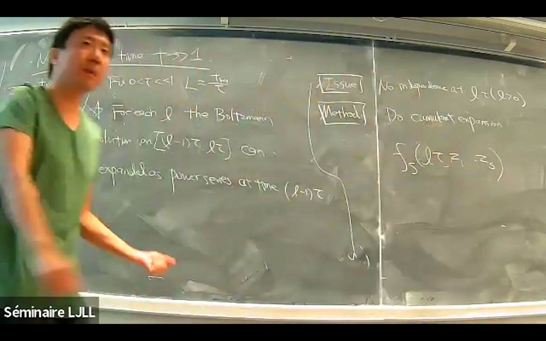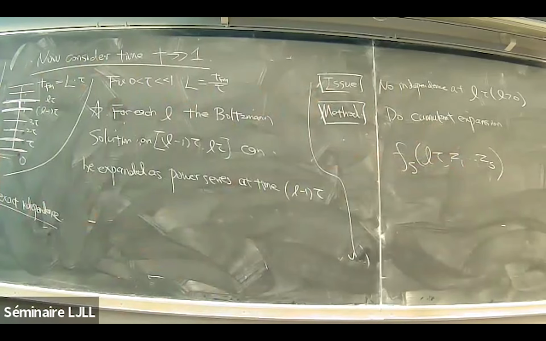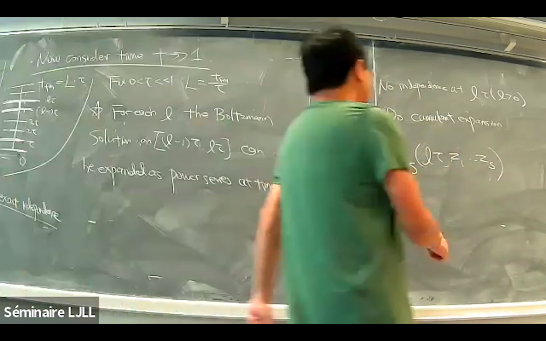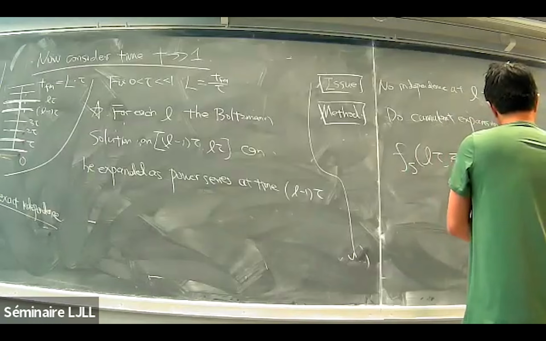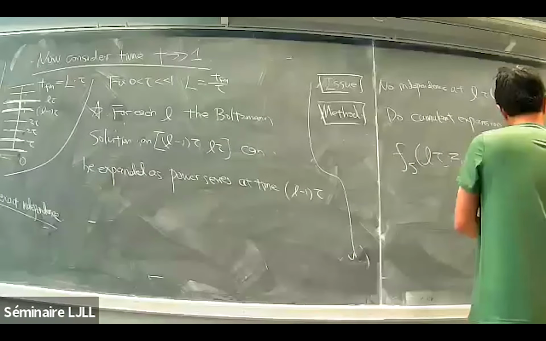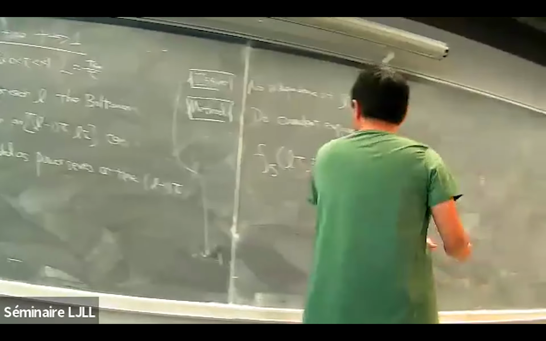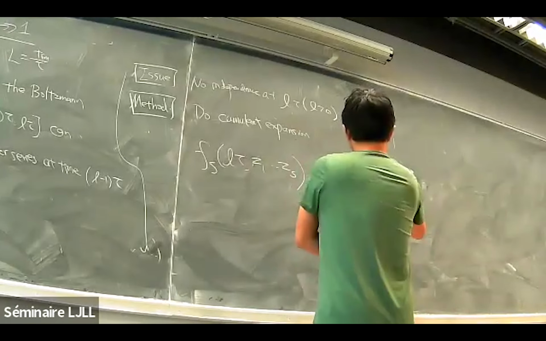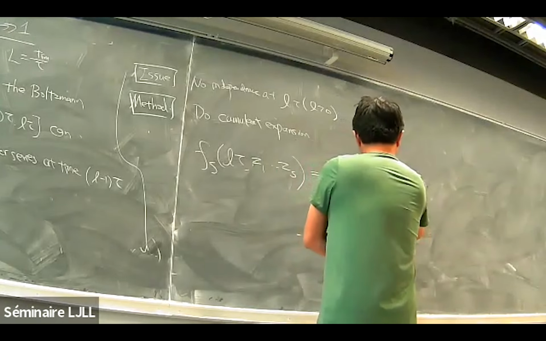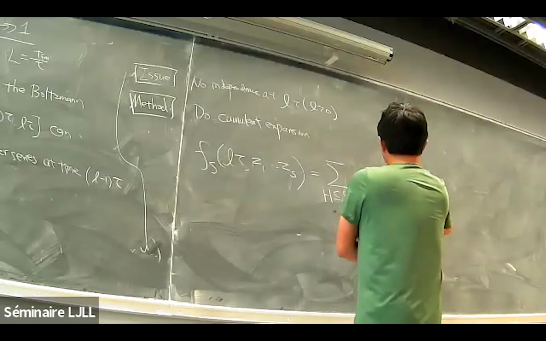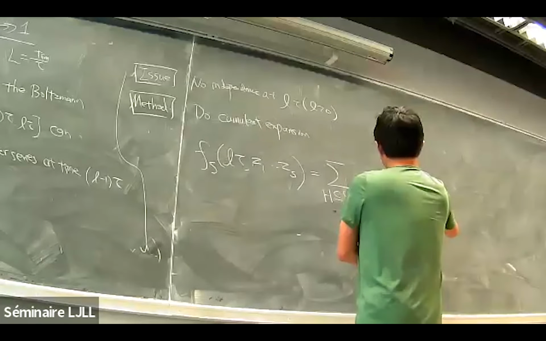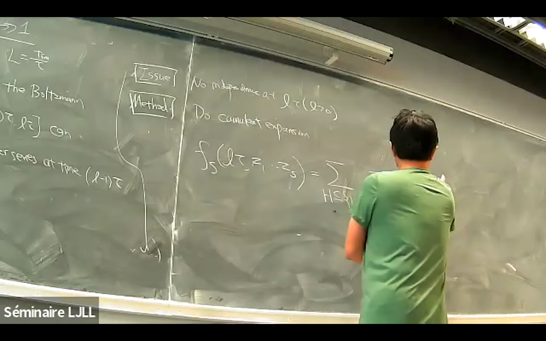Remember, this is the S particle marginal. In the independent case, it will be completely factorized into a function of Z1, a function of Z2, a function of Zs. But now we don't have exact factorization. We should write it as a sum over this set H of a product.